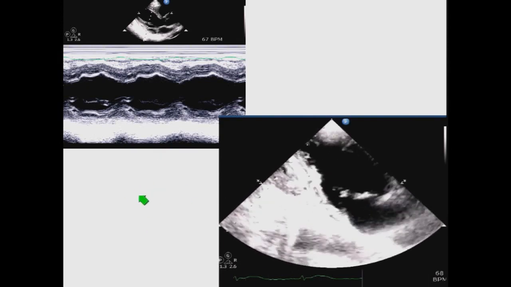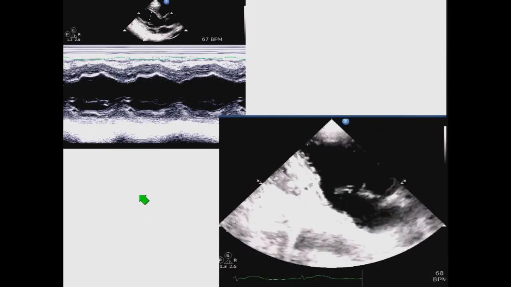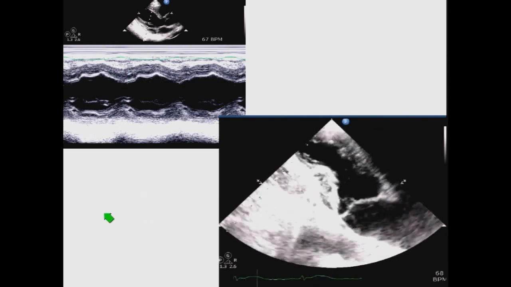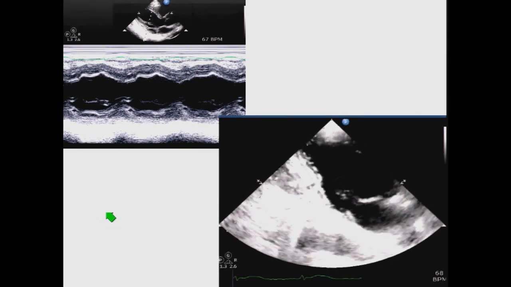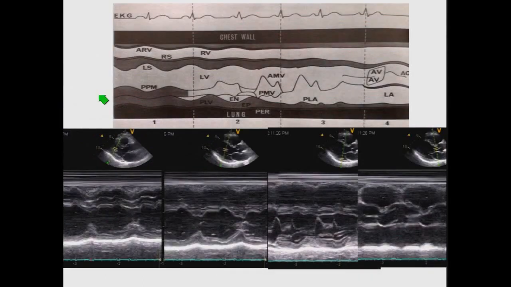So we do sacrifice spatial resolution, but what we get, as Dr. Kronzen said, in return is superb temporal resolution, and that's some of the points I'd like to make as we go on. So what I've done here is give you a corresponding so-called anatomical M-mode that corresponds to the different positions of the M-mode cursor.